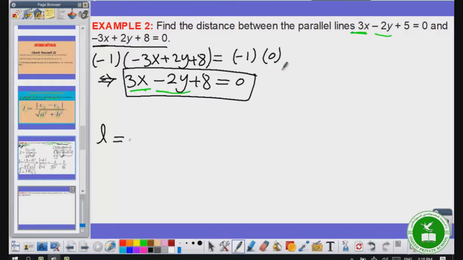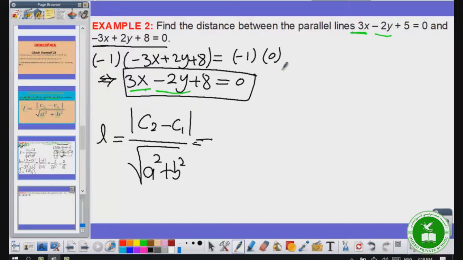Distance is equal to the absolute value of c2 minus c1 divided by under root a square plus b square. Here you see c2 is, if you multiply by minus 1 it should be minus 8.